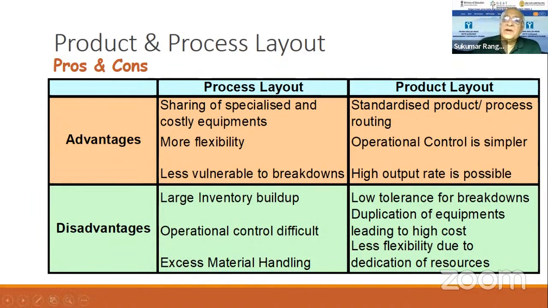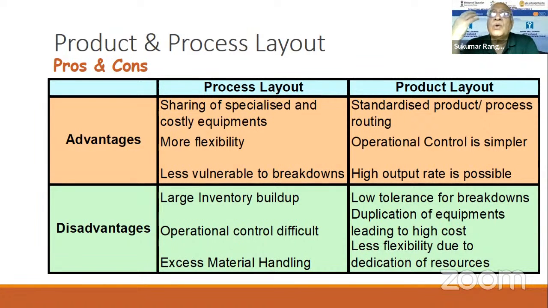So duplication of equipment is there, but generally when the equipment is not costly. Today the manpower costs and loss of output are more than the equipment cost. You can afford to buy, like I was telling you, the difference between an X-ray machine and an MRI machine. X-ray machines are available for 30,000-40,000, a small thing.